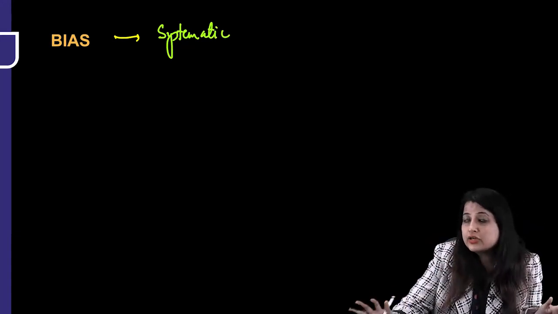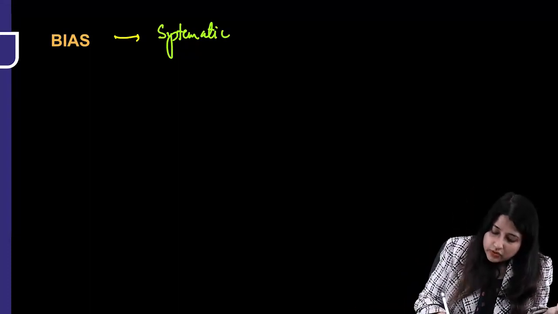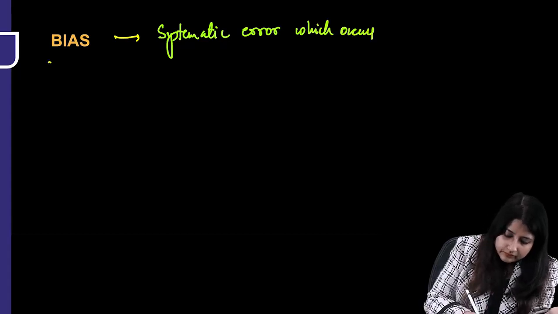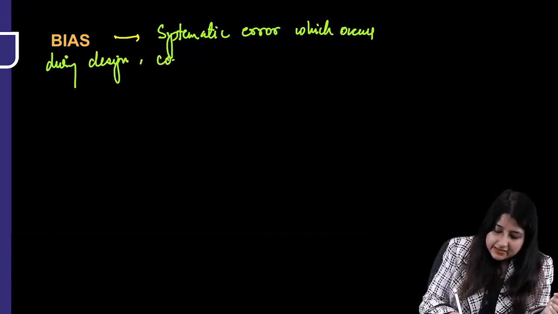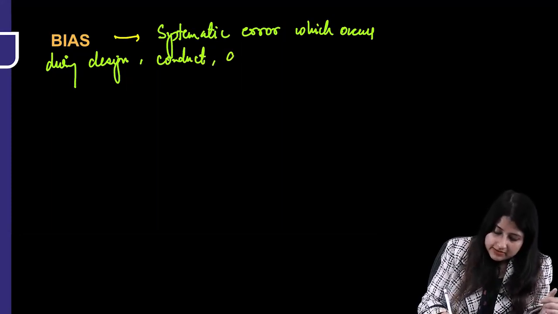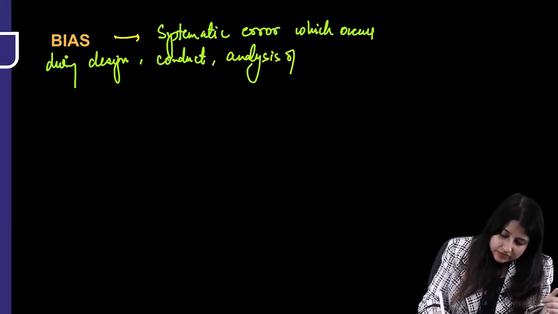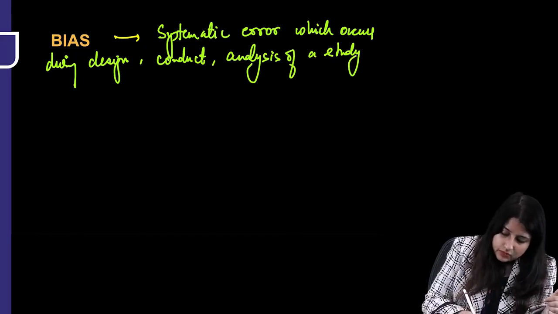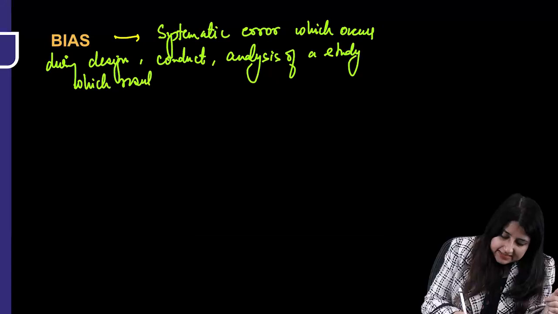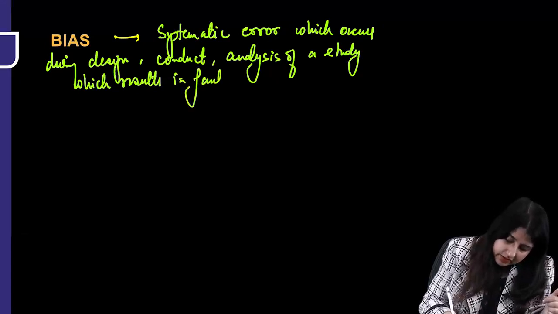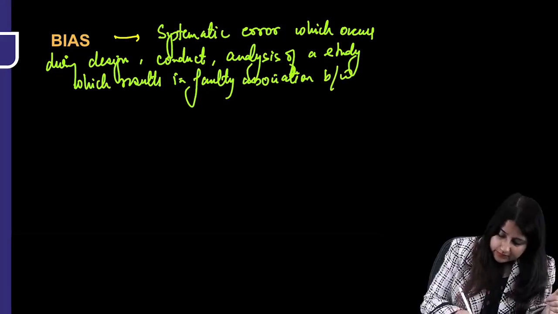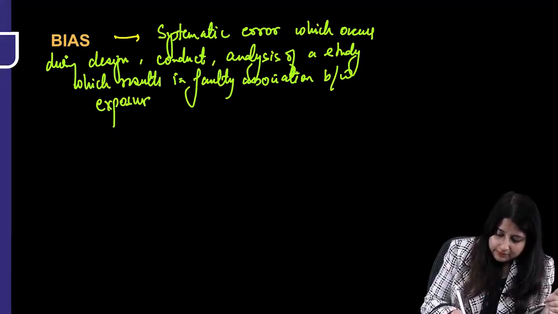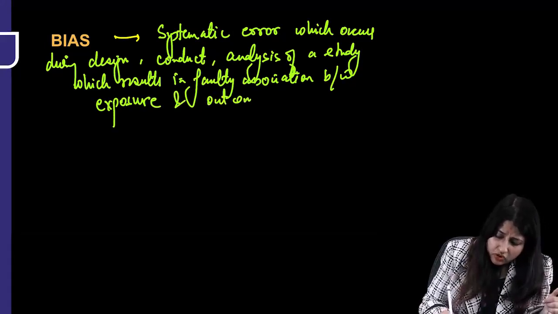It is a systematic error which occurs during the design, conduct, or analysis of a study, which results in a faulty association between exposure and outcome. It gives a wrong association.